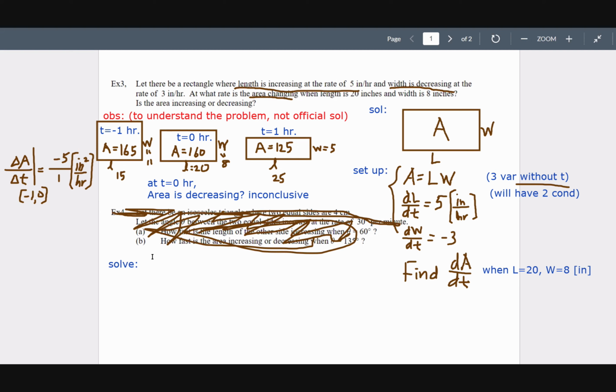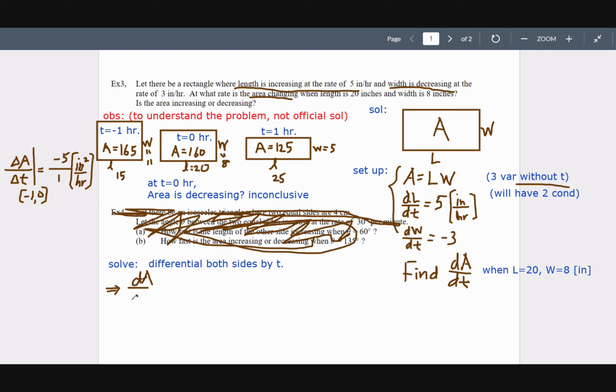We differentiate both sides by t. If we differentiate both sides by t, the left side is now dA/dt. So we now have dA/dt.